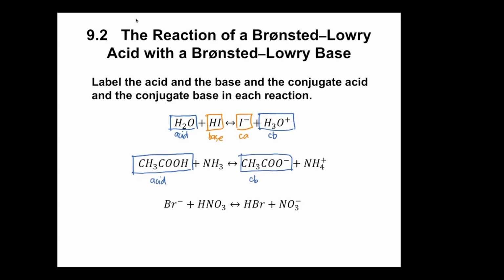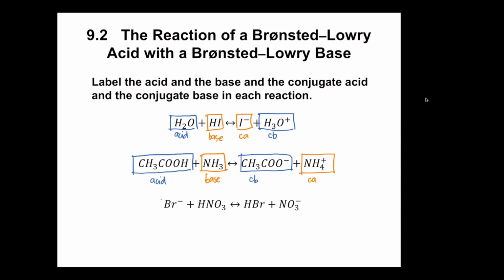Tapos, NH3, as you can see the other substances in the chemical reaction. So, NH3 and NH4. So, nag-accept siya ng proton. That is why NH3 is considered a base. And then, NH4 is considered the conjugate acid. Okay, so the third example would be the reaction between bromine and nitric acid, forming hydrobromic acid and nitrate ion.